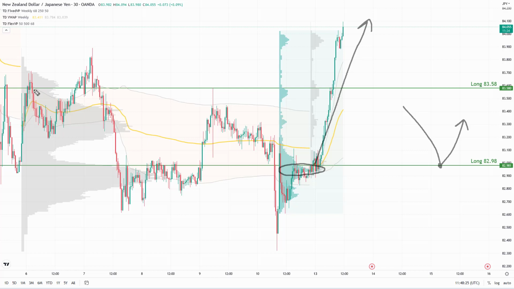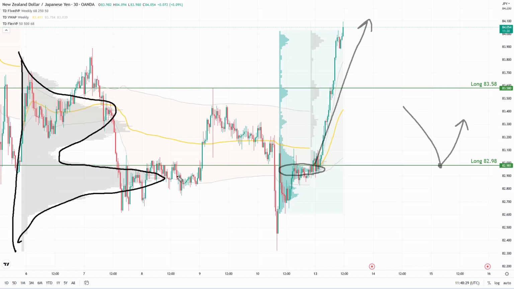Now, if you take a look at the weekly volume profile in here, then right there, this is a weekly point of control, which means that the heaviest volumes throughout the whole previous week were traded here, right?